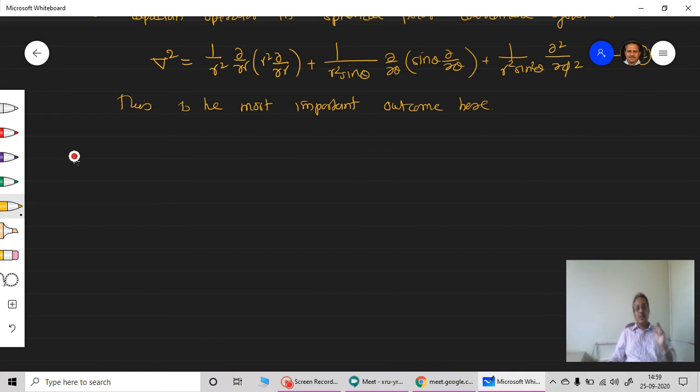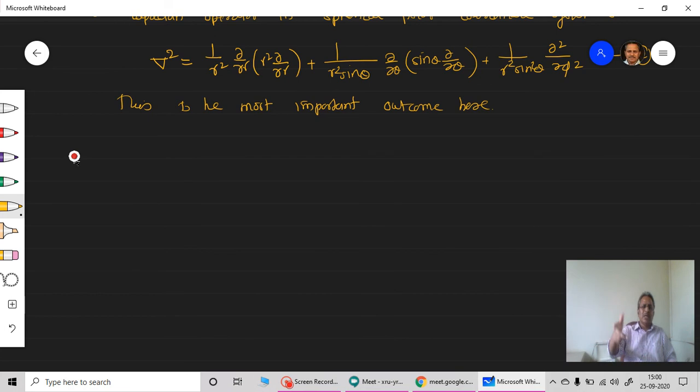From the examination point of view, no one asks for this entire lengthy derivation. You are asked to write the Laplacian equation in the spherical polar coordinate system, or get the gradient in the spherical polar coordinate system. So a small subsection of this may be asked in the examination, and most of the time you are asked to calculate this e_r, e_theta, e_phi for the spherical polar coordinate system.